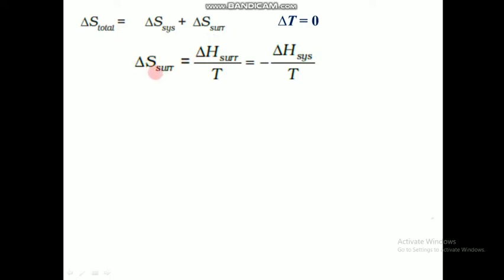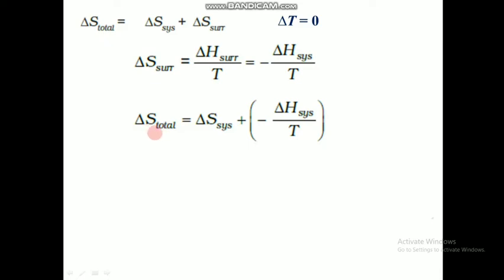So we can tell delta S surrounding, the entropy of the surrounding, is equal to negative of delta H system by T. This equation we are going to substitute in the earlier equation. Delta S total is equal to delta S system, and the delta S surrounding we will substitute with this.